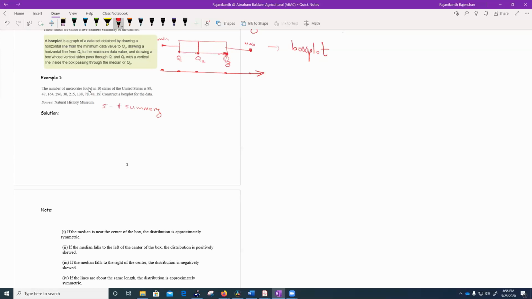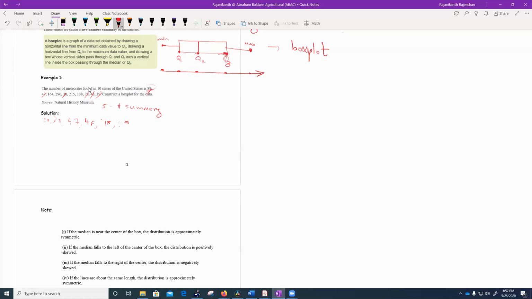The smallest data value is 13, then 39, then 47, then 48, then 78. Don't forget here I have 89.